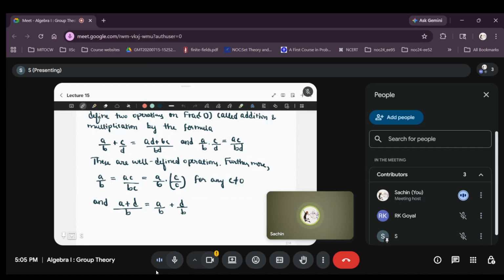A well-defined operation should give you only one output when you give in two input variables. And the output should not depend on the form of the two input variables.